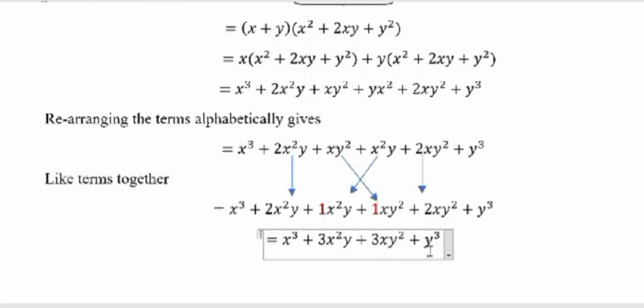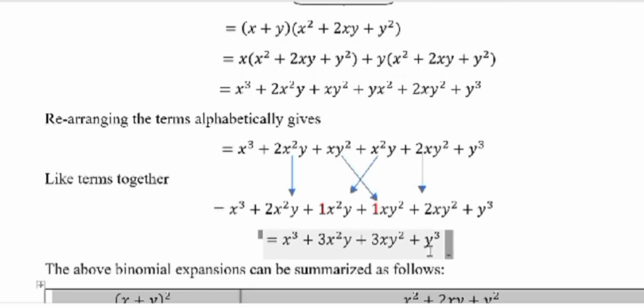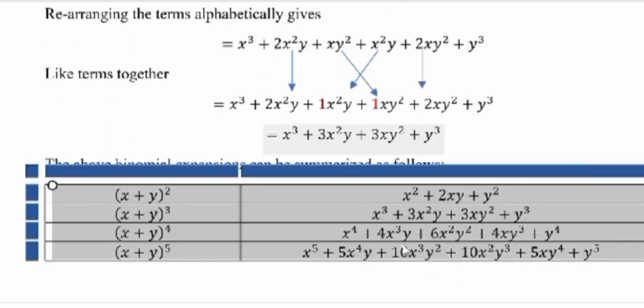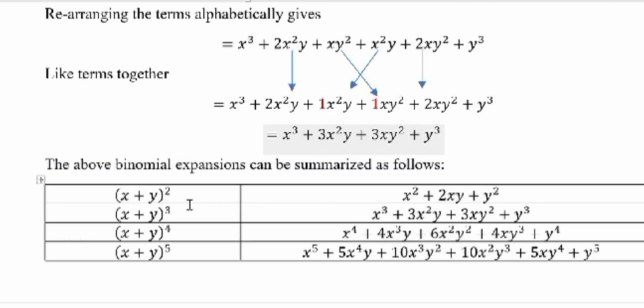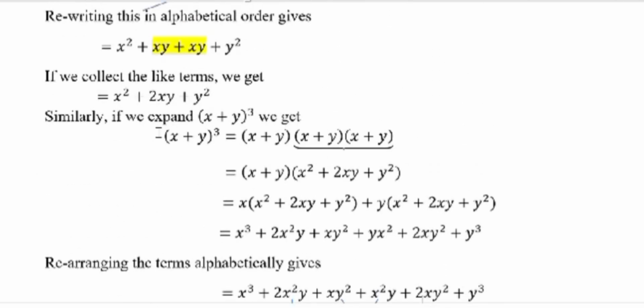Let's summarize the binomials that we have expanded and the answers that we have got. Now, this is what we have here. When we expanded (x plus y) squared, we got x squared plus 2xy plus y squared, which is here.